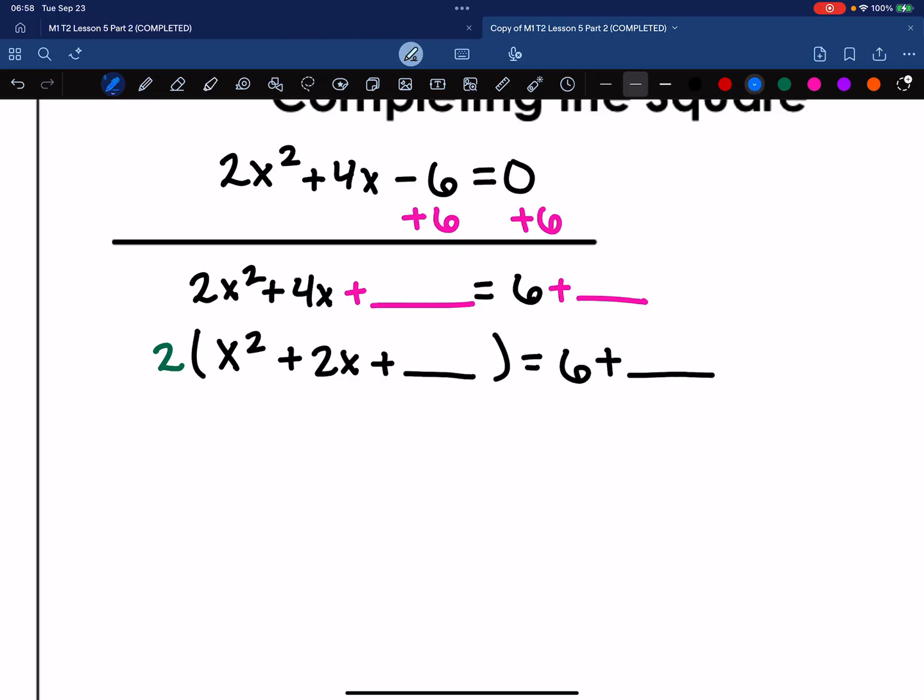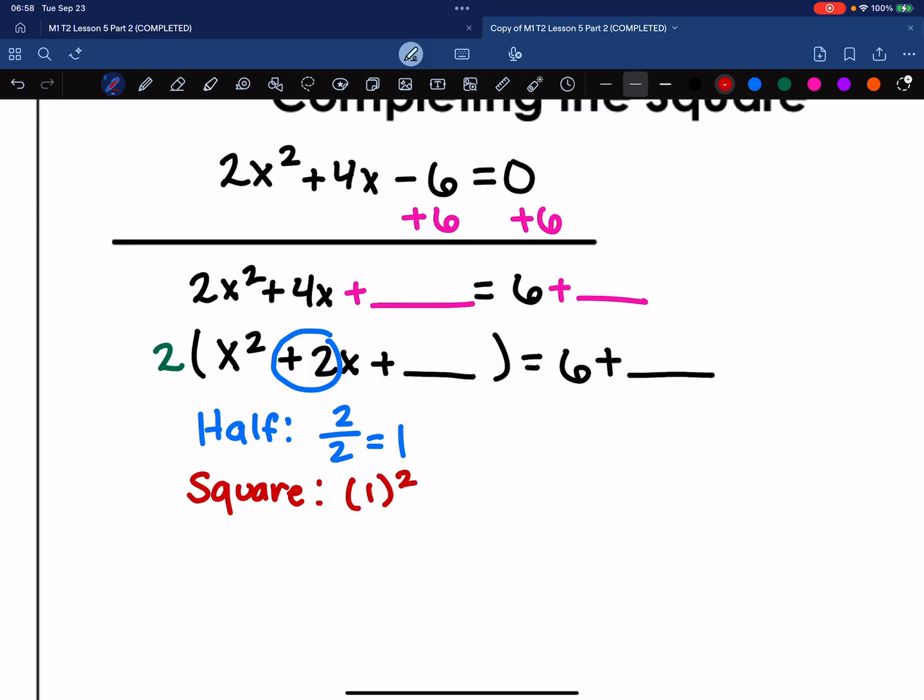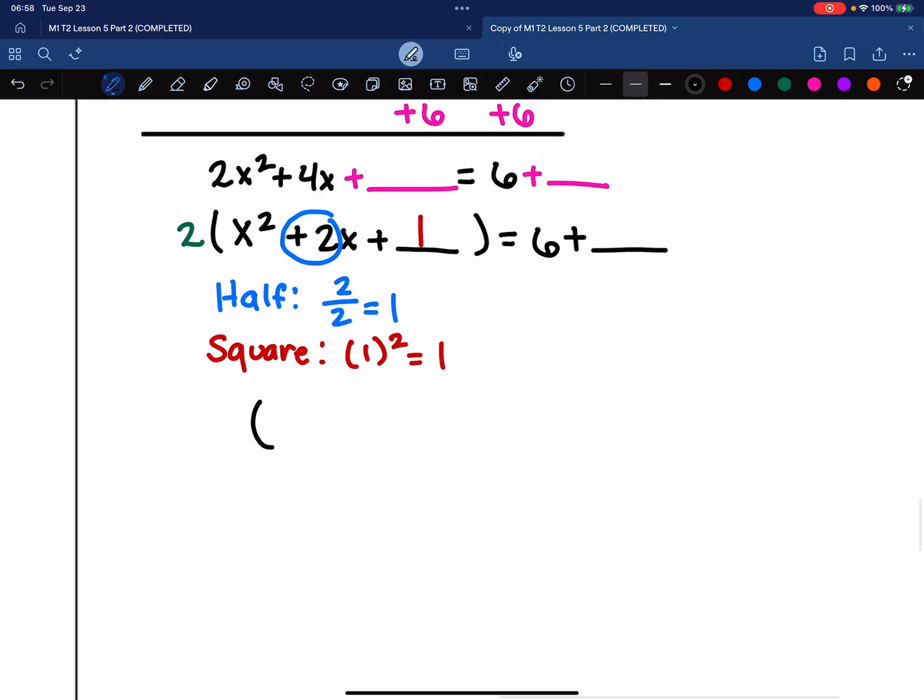Now we go about our normal business. We're taking this, we're going to half it. So half of 2 is equal to 1. Then you square that. When you square that, 1 squared is equal to 1. So then we go ahead and we do our shortcut.